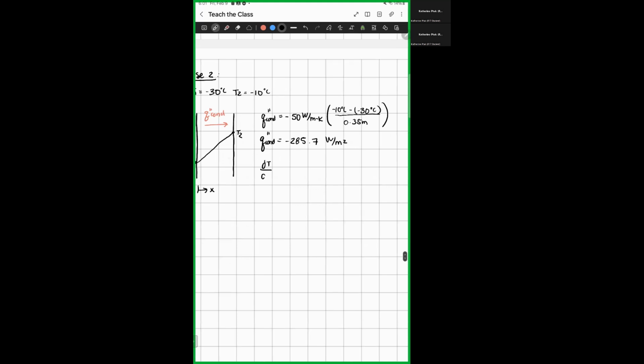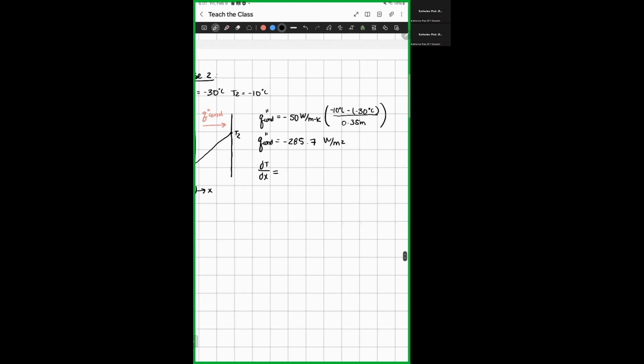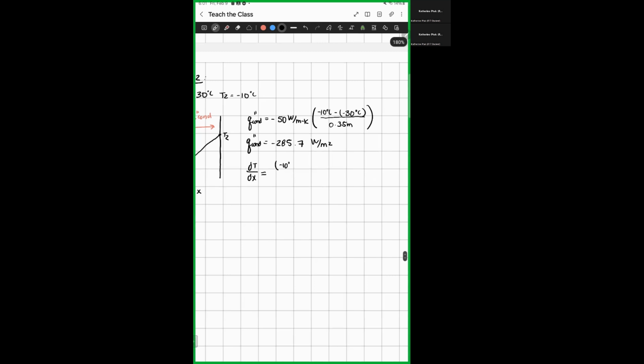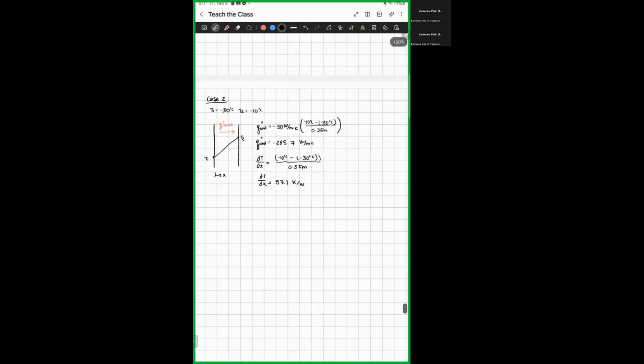And then if we solve for dT/dx, you do negative 10 degrees Celsius minus negative 30 degrees Celsius, divided by 0.35 meters, and dT/dx equals 7.1 Kelvin per watt.